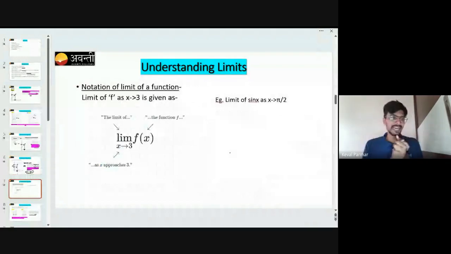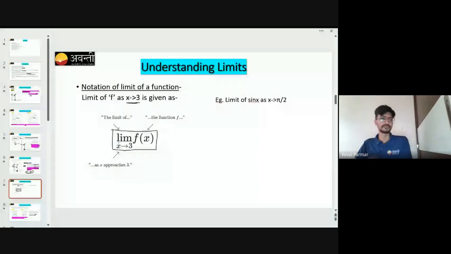Notation of a limit. We have studied limits till now by using graphs. Now, how do we denote a limit algebraically? The limit of a function as x tends to 3 is given by this notation. The notation is LIM, meaning the limit of. This is the value x approaches, x tends to 3, and this is the function f.